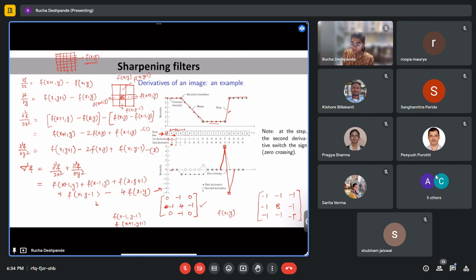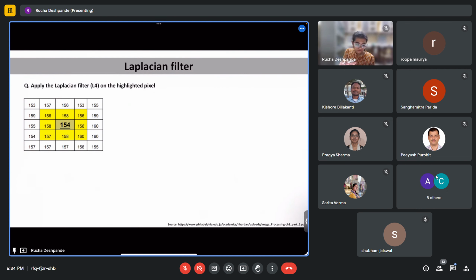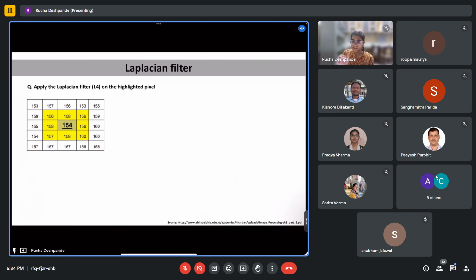I do not know about the derivation of this, but you can go and check. These are different types of Laplacian filters. Let's solve a problem related to this. You can try this problem for a while, and then we'll solve it.